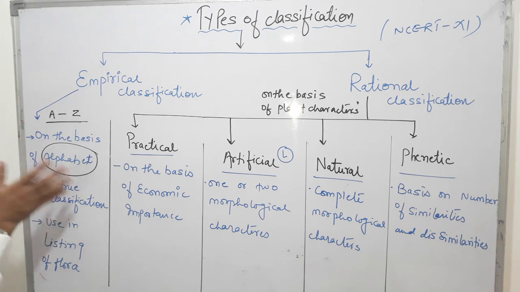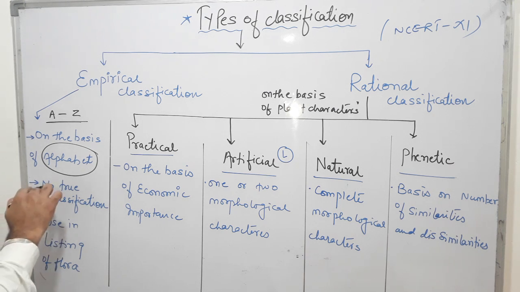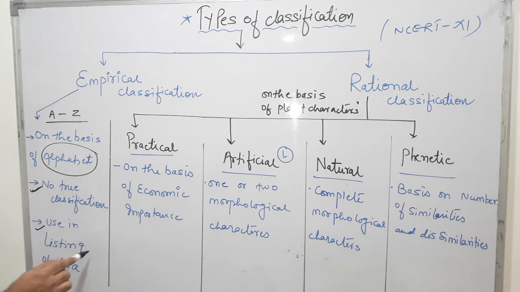So no character is used in the empirical classification. Second point, it is not a true classification. And third point, it is generally used in a listing of flora, that means to list the plants systematically, as a record. So it is not a true classification.